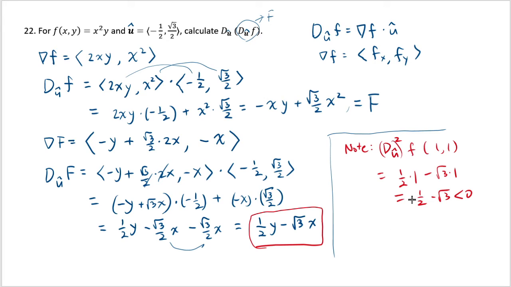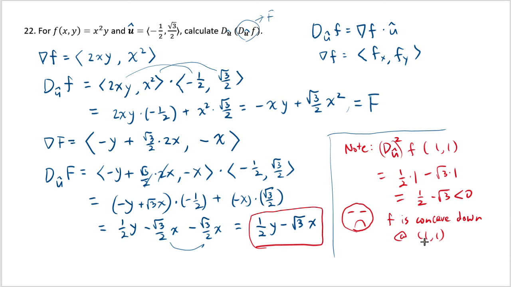And if the second derivative is negative, we know that a negative second derivative means you have a frowning face, so it's an upside down parabola, or the concavity is upside down. So f is concave down at (1, 1).